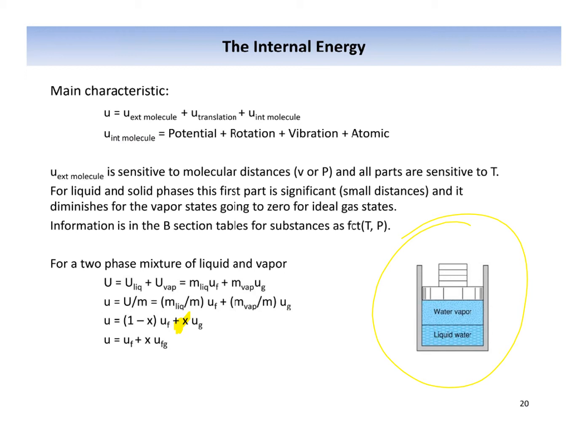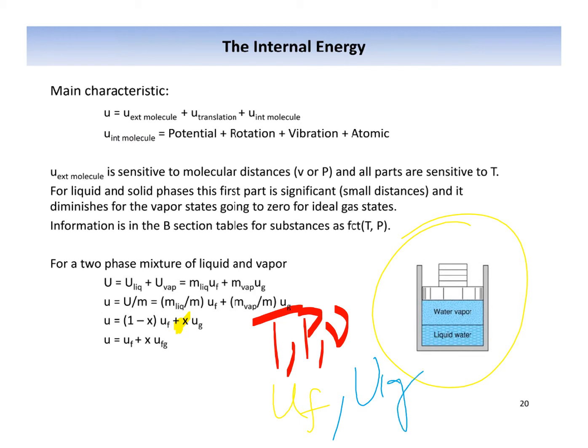We will go to our thermodynamic tables, look into the temperature, pressures, and volume, and find the internal energy of the liquid part, given as uf, and that of the vapor form, given as ug.